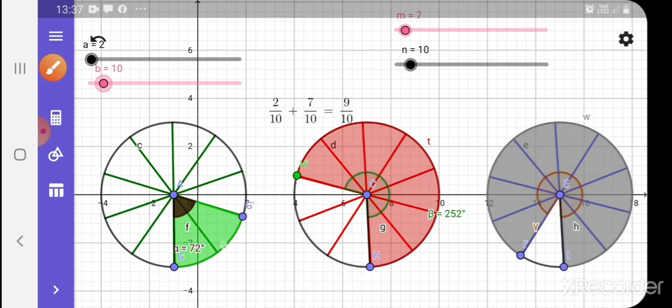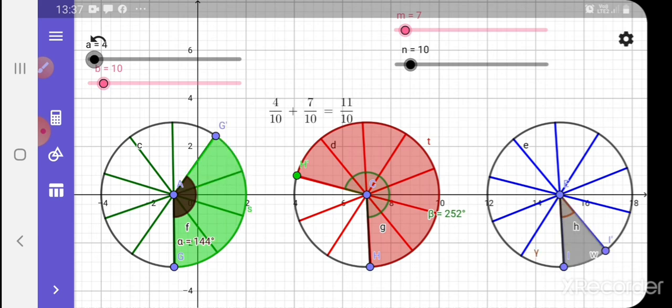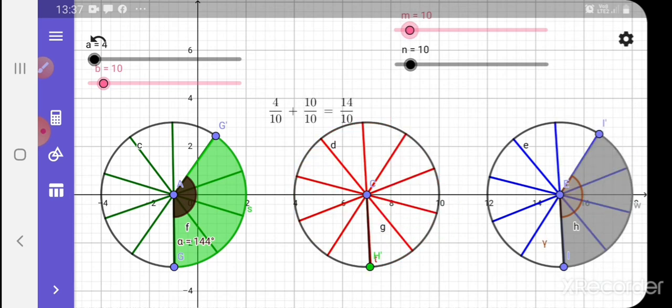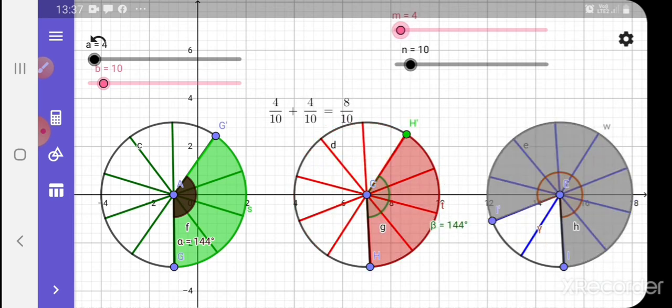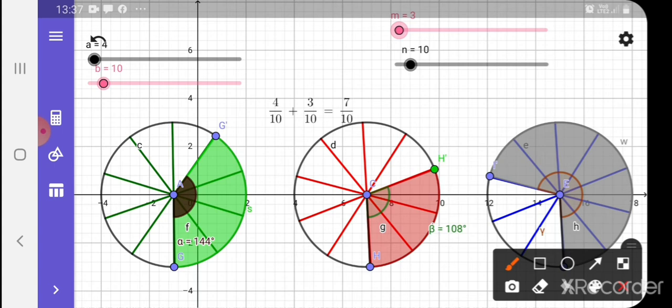If you change the numerator here, that is 4 by 10. If you change the second one, the first one is 4 by 10, so 4 sectors are occupied.